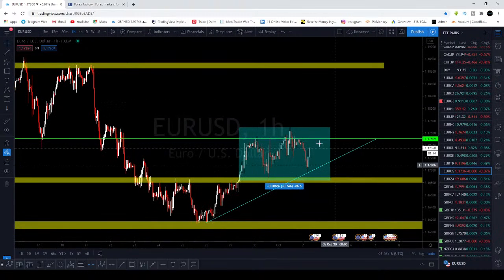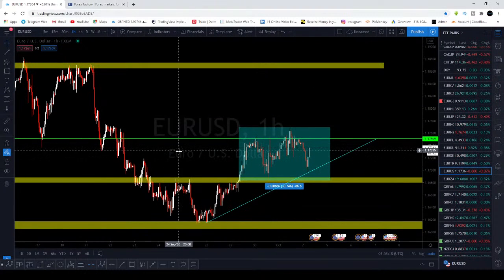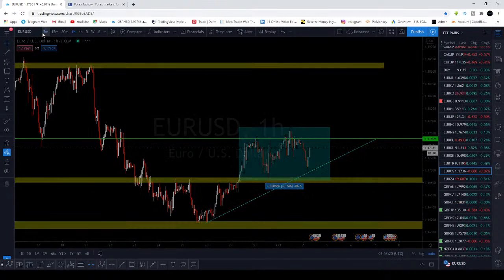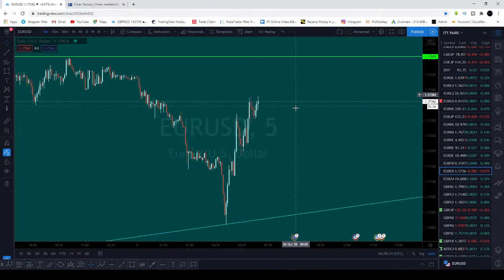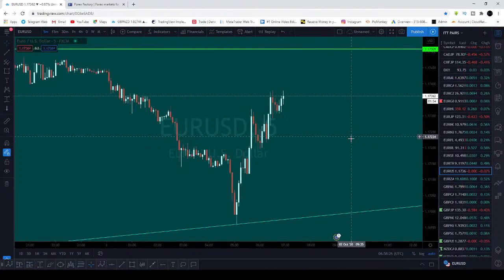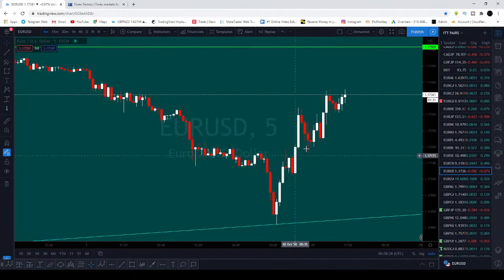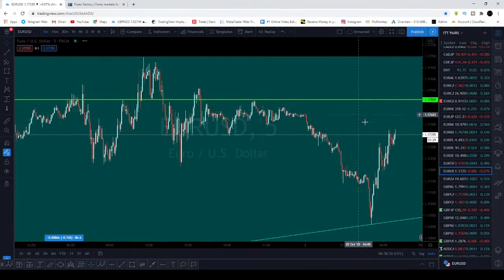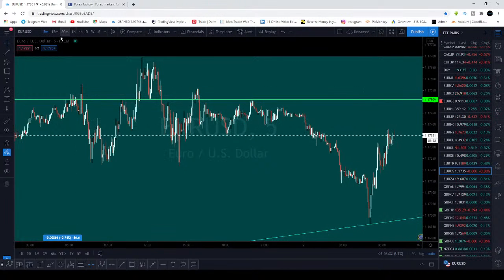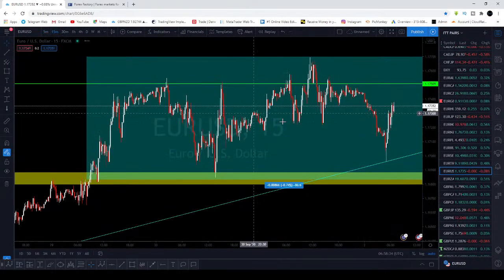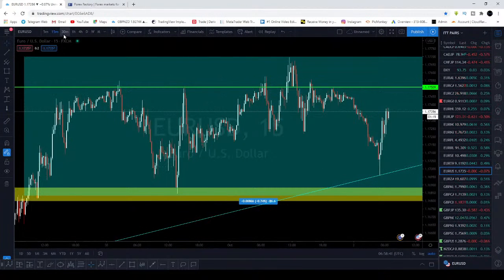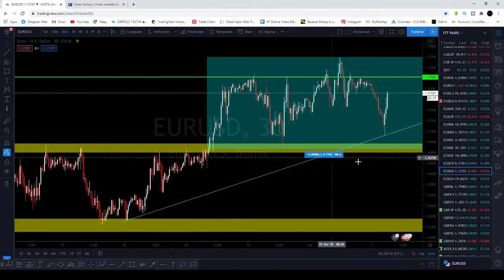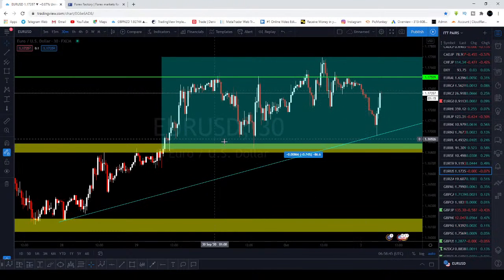So EURUSD, we would have bought it right here, but right now it is not the best time to buy it, except on retracements. As you can see on the 5 minute time frame, it's just making a move to the upside, right? 15 minute time frame, still the same thing, and 30 minute time frame, still the same thing.